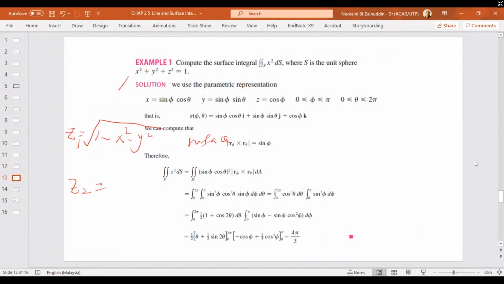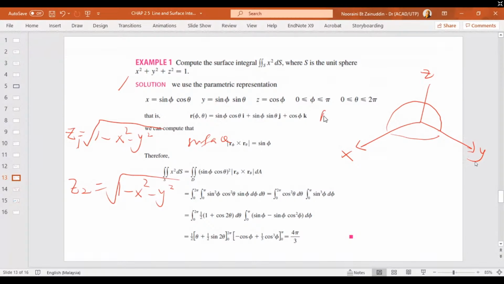Because we have z to the power 2 here, we need to simplify it. This is your upper part, because you know already this is basically the sphere with radius 1. The first one here, z1, is basically just the upper hemisphere, the upper part of your sphere only.